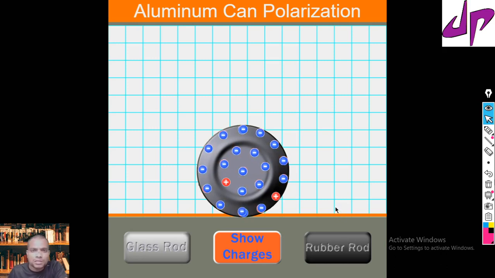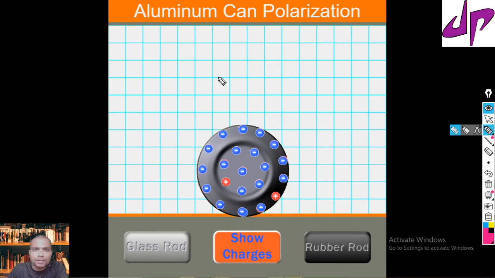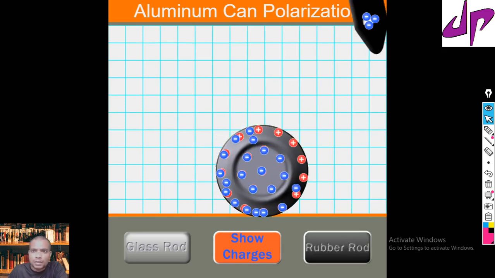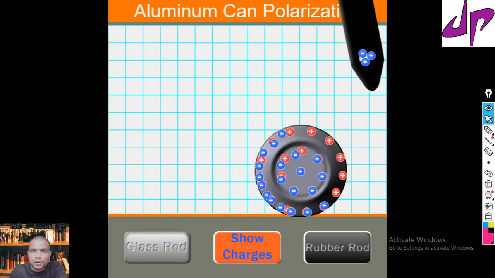In this simulation, it's an aluminum can. Aluminum is a metal. Now this is the initial state, it's having electrons all over the metal surface. Now here I have two options. I can take a rubber rod, which is my charged object.